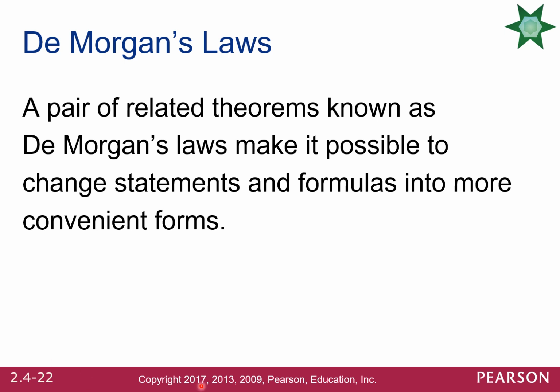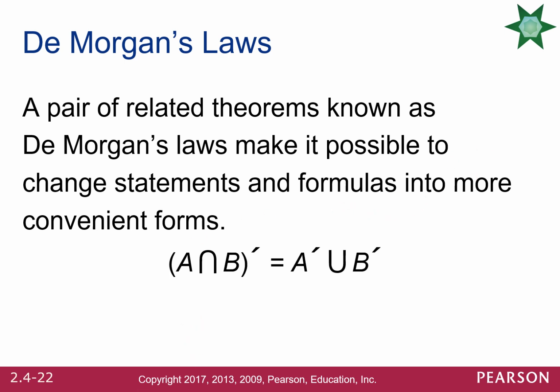Now, the proof that we just came up with gives rise to a very important law pertaining to set theory. It's called De Morgan's law. And De Morgan's laws state that a pair of related theorems make it possible to change statements and formulas into more convenient forms.